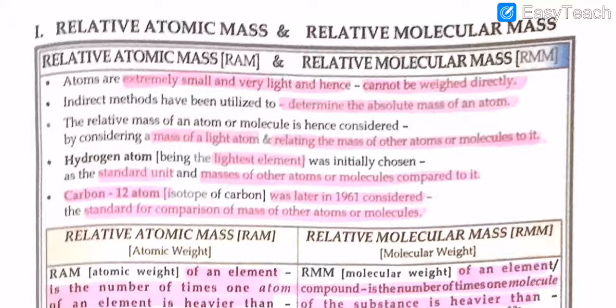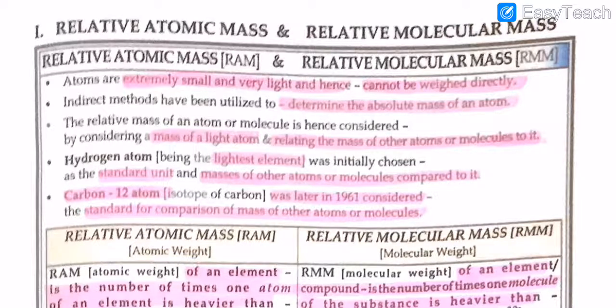The hydrogen atom, being the lightest atom, was initially chosen as the standard unit, and the masses of other atoms or molecules were compared to it. But the carbon-12 atom, the isotope of carbon, was later, in 1961, considered the standard for comparison of masses of other atoms or molecules. Now, RAM and RMM, we'll look at that.